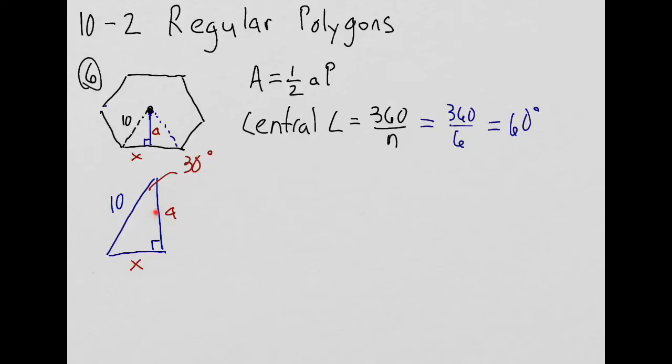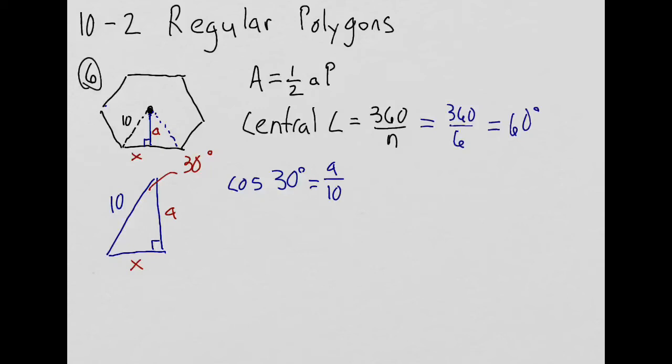So let's find this one, A. What is A? If I'm working with the 30 degrees, that is an adjacent side, and we have the hypotenuse. So that means we're going to be working with cosine. So we have the cosine of 30 degrees is equal to adjacent over hypotenuse. Adjacent in this case is A. Hypotenuse is 10.